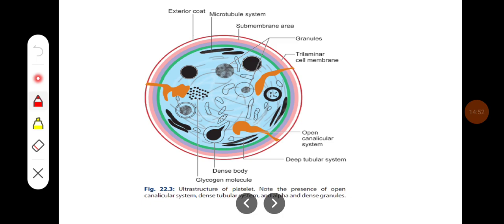So this is the diagram of a platelet, showing the cytoskeletal system, the different granules, the dense bodies, the deep canalicular system, open canalicular system, and the glycogen molecules.